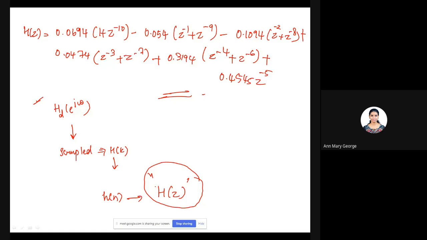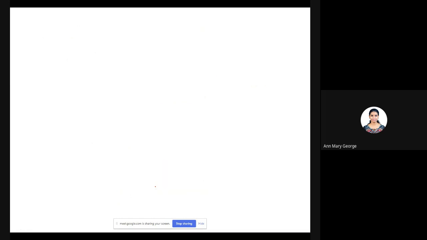We will process the discrete time signal by using this process of filtering, and for this process we use a digital filter. A digital filter processes the discrete time system. This is a basic introduction for digital filter.